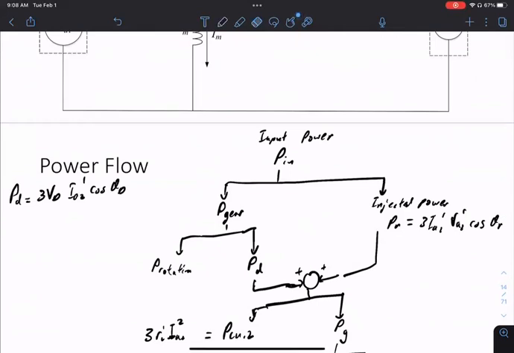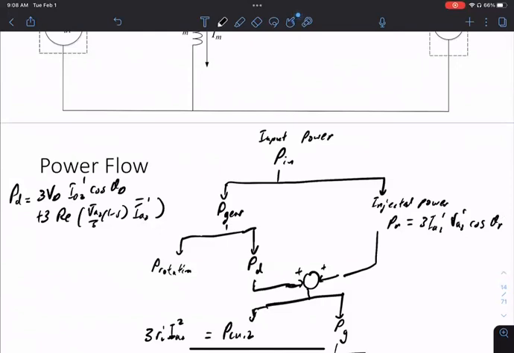The other part is plus 3 times the real part of VA2 prime (S1 minus S over S) times IA2 prime. So that's just the voltage times current part of it.